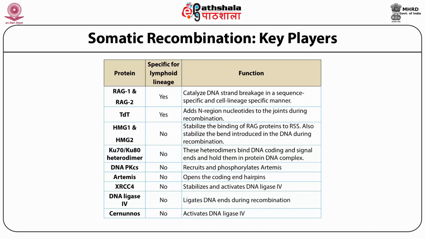As is clear from this table, these proteins perform a variety of different functions. You will also note that some of these are specific for lymphoid lineages, for example, RAG1, RAG2, and TDT.